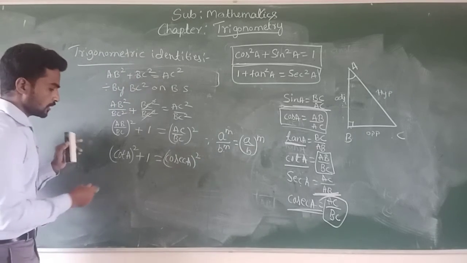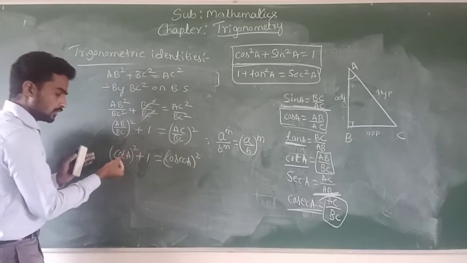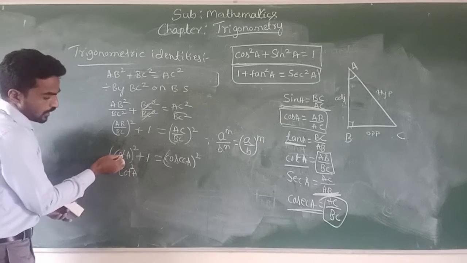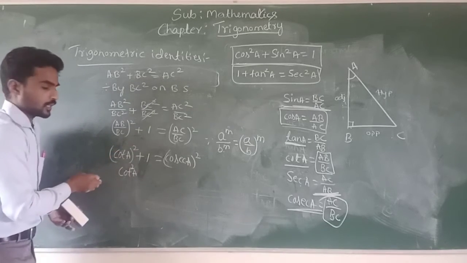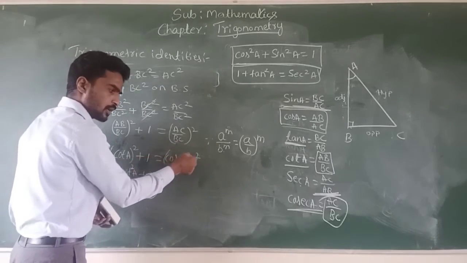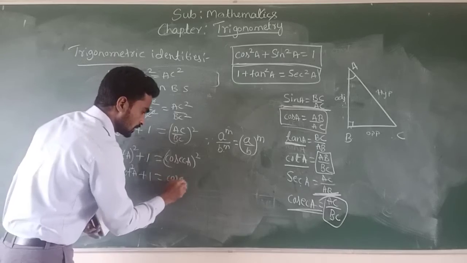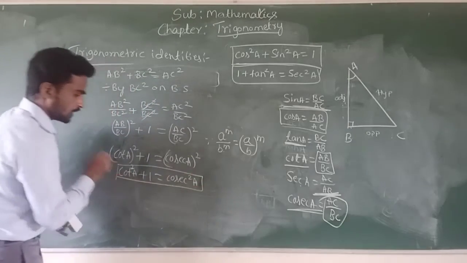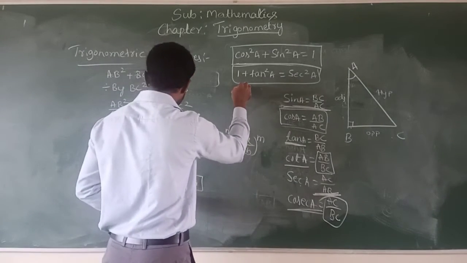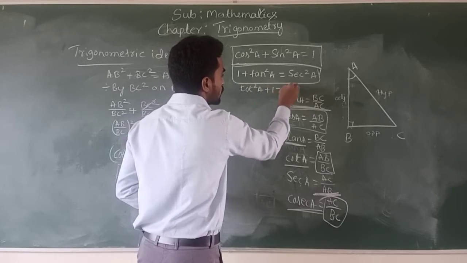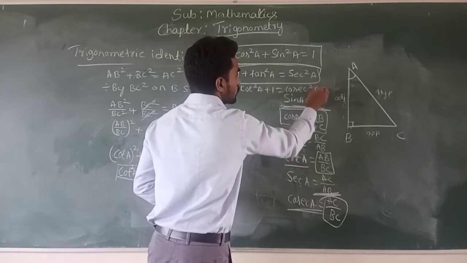So cot A whole square can be written as cot square A plus 1 is equal to cosecant square A. This is also one of the main identities: cot square A plus 1 is equal to cosecant square A.